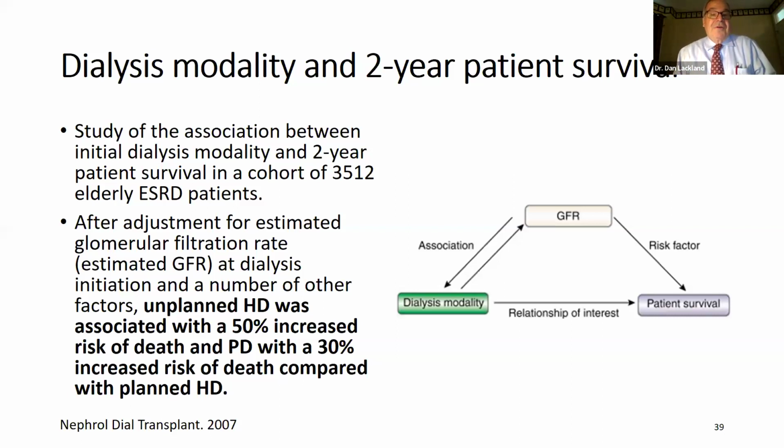They have a cohort of 3,512 elderly patients with end-stage renal disease. And they have done this. They showed that after adjustment for the estimated GFR at dialysis initiation and a number of other factors, they found that unplanned hemodialysis was associated with a 50% increased risk of death, and another dialysis modality was associated with a 30% increased risk of death compared with planned hemodialysis.